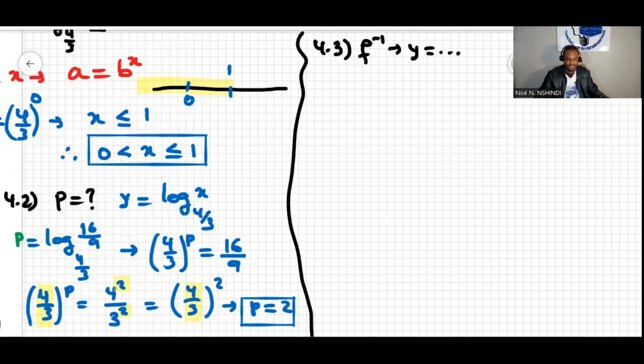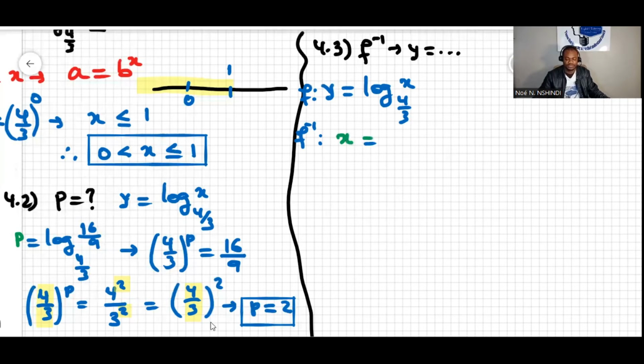Now f of x is y, so we're going to write y equals log of x base 4/3. So this is for f. Okay, now f minus 1 is when we switch the variables. We call y x and then x y.